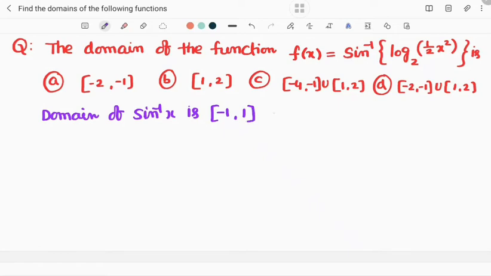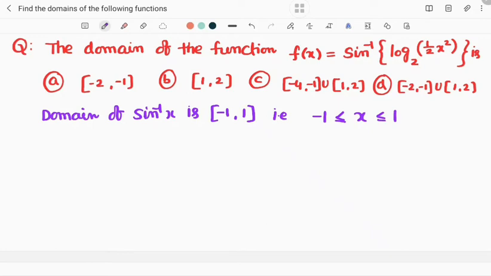That means the value of x lies between minus 1 and plus 1. But this is sine inverse x. But sine inverse of log of 1 by 2 x squared to the base 2 is defined.